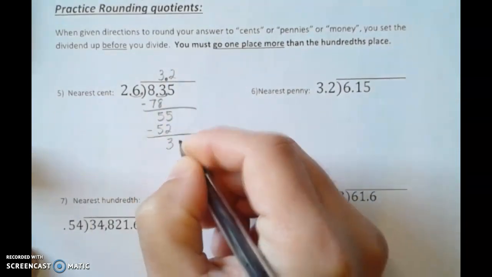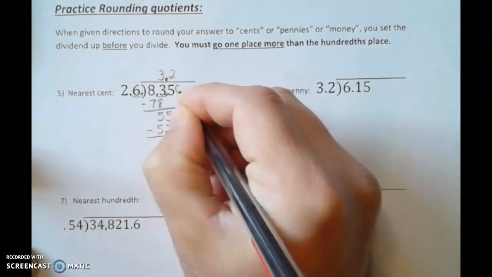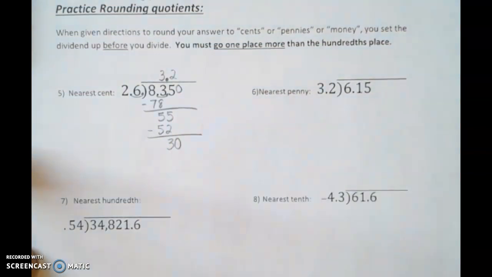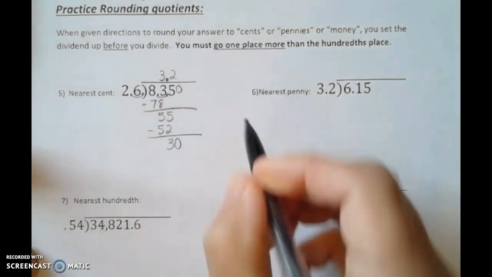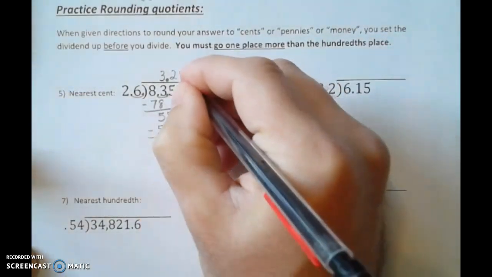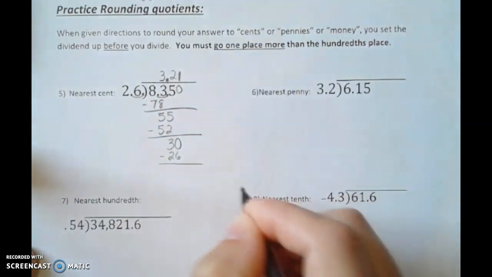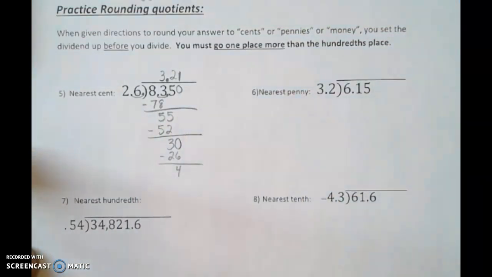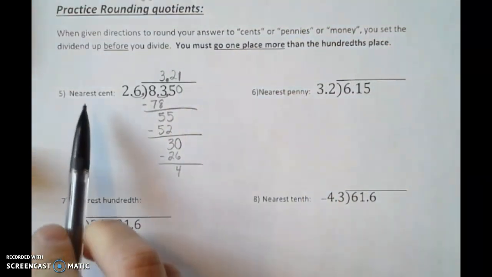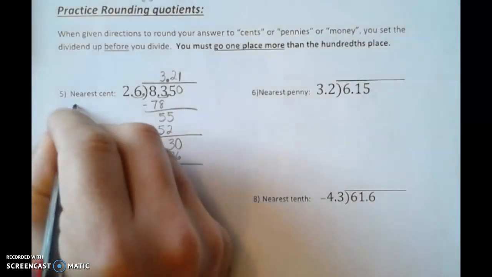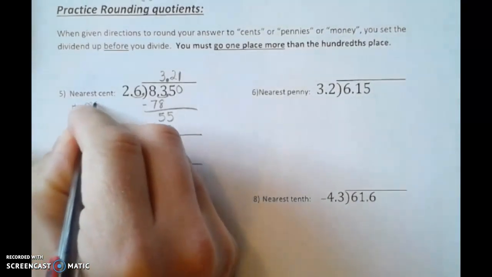That's not a 0 remainder, so on the inside I'll add a 0 and I will bring it straight down. And now I've got to figure out how many times 26 goes into 30. Well, 26 goes into 30 one time. 1 times 26 is 26. I subtract and I'm left with a 4. Now, the question said round your answer to the nearest cent. And for cents, again, that is the hundredths place.